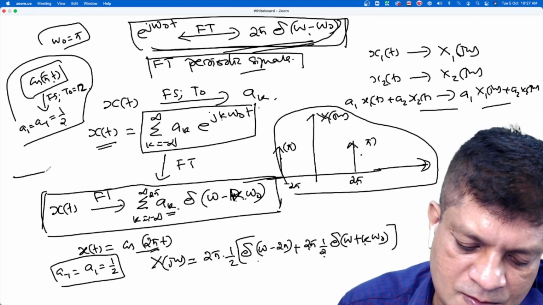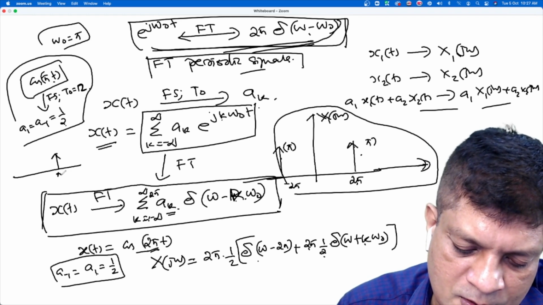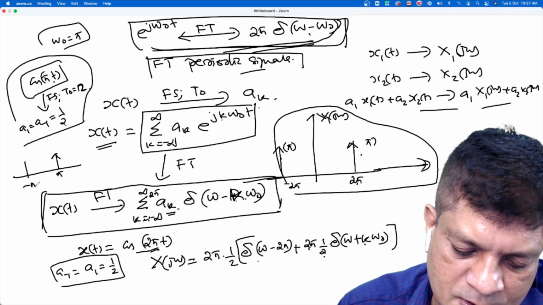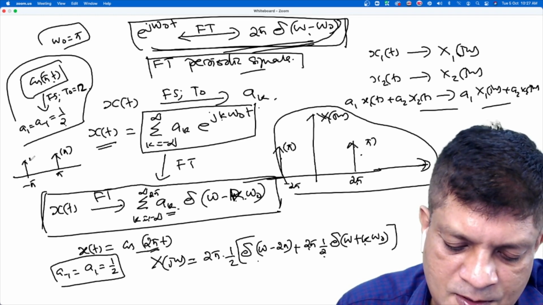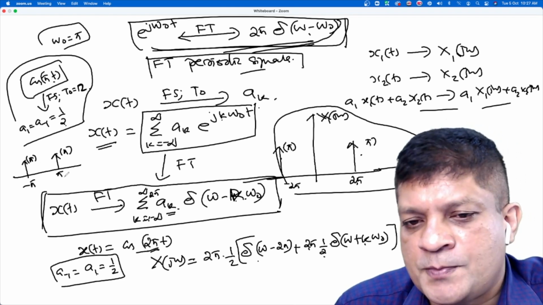You will get two impulses, one at pi and the other one at minus pi, and the strength is the same, pi. This is the spectrum of cos pi t.